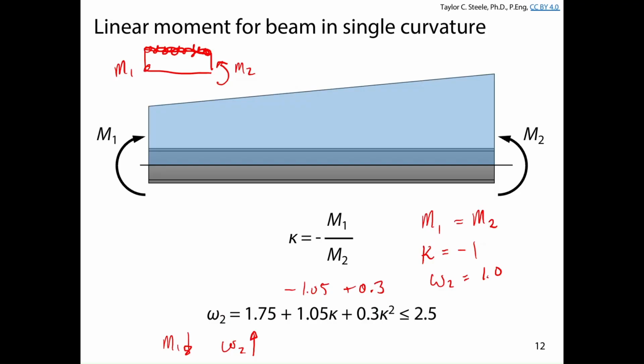But if we have M1 getting smaller to a point where potentially M1 is actually 0, then the compression in the middle of the beam is actually half of what it would be if we had a uniform bending moment. And the compression at the left-hand side in the top flange is going to be 0. And so we have less compression overall in the top flange as M1 gets smaller, and that makes sense. If the compression overall in the flange reduces, then the bending moment resistance is going to increase. We're less likely to get lateral torsional buckling in those situations.